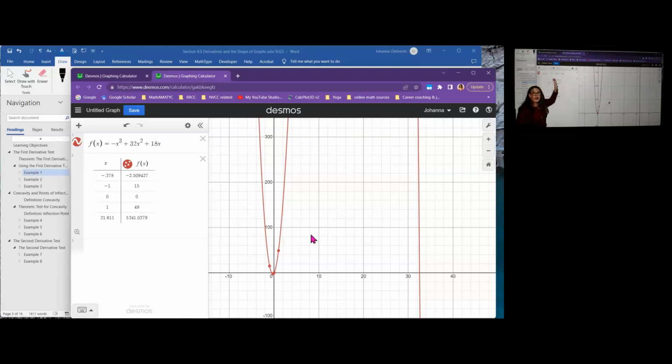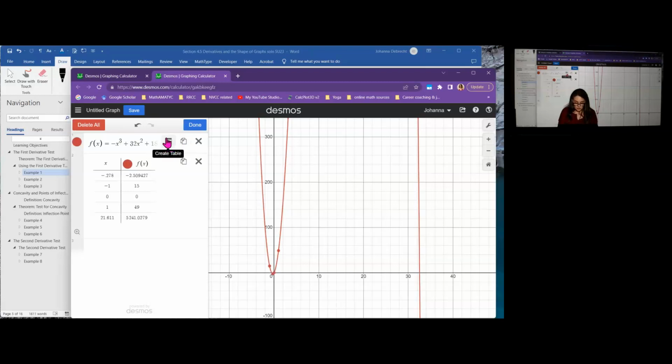Make sure that you have the of x part in parentheses. Then you click inside the box of the definition of the function and click on the gear symbol. Because it's using function notation, it will give you the option of creating a table. If you click on it, the table will be created automatically down below.